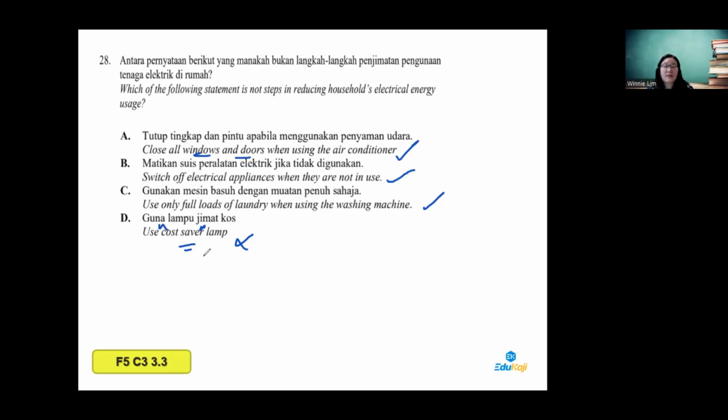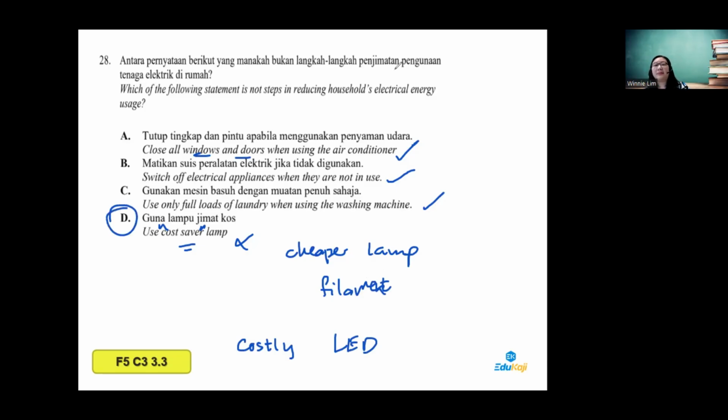Cost saver means a cheaper lamp, and cheaper lamps normally use filament bulbs, which need more energy. Nowadays there are good ones but they are costly, like LED lamps. Their price is expensive, but in the long term they actually save energy. So the answer is D.